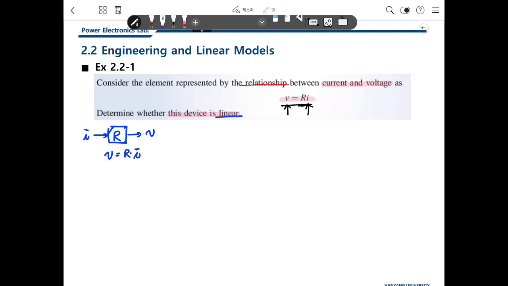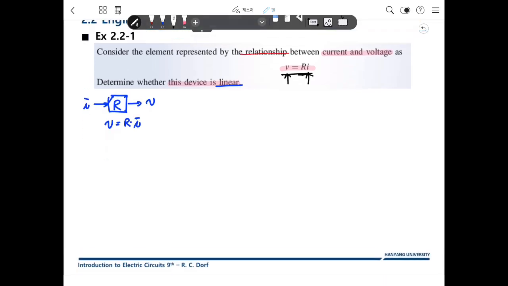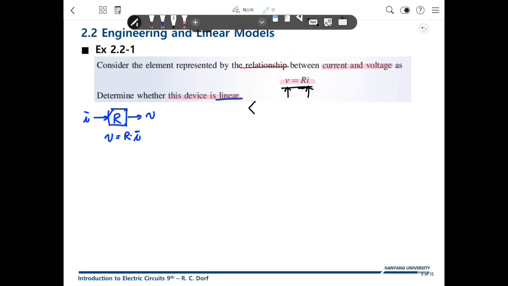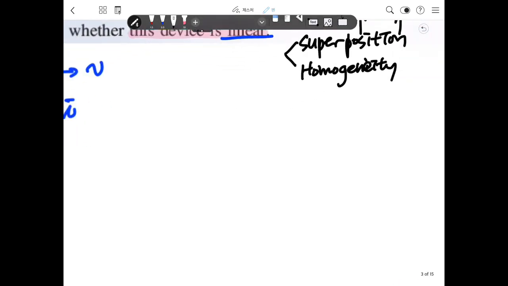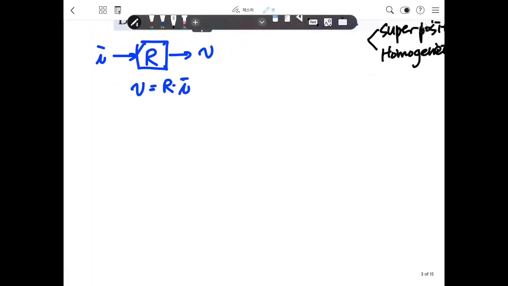What are they? The first is superposition. The second is homogeneity. So at first we check the first one.